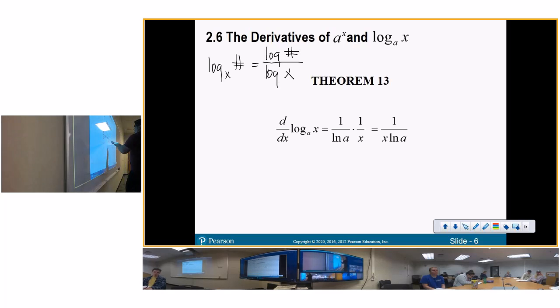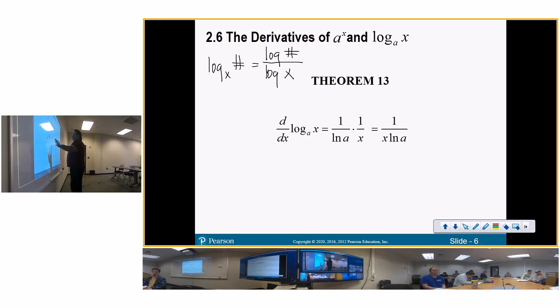Here, you're taking the derivative of a different base of a number, and it's the same thing. They take that base and put it right there, and then they take that number and put it right there. So it's kind of following the change of base formula that you learned in algebra.